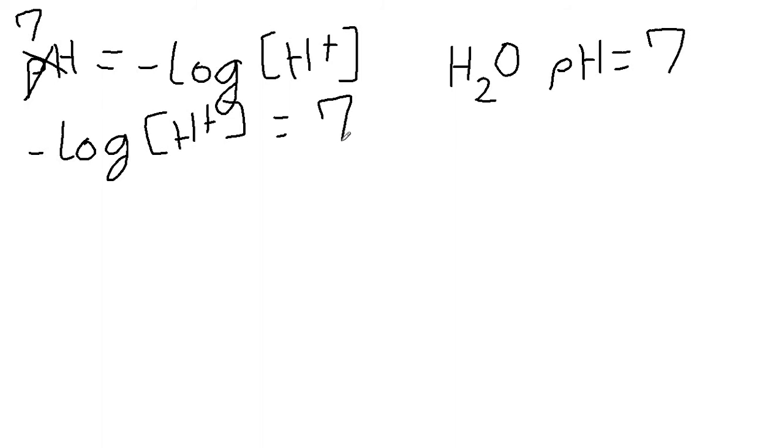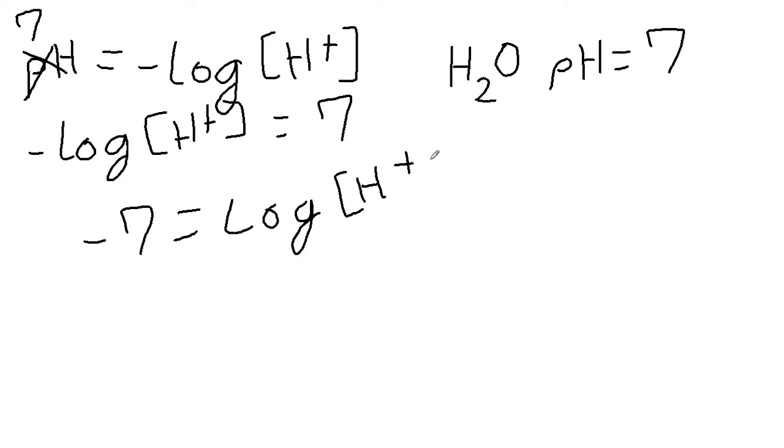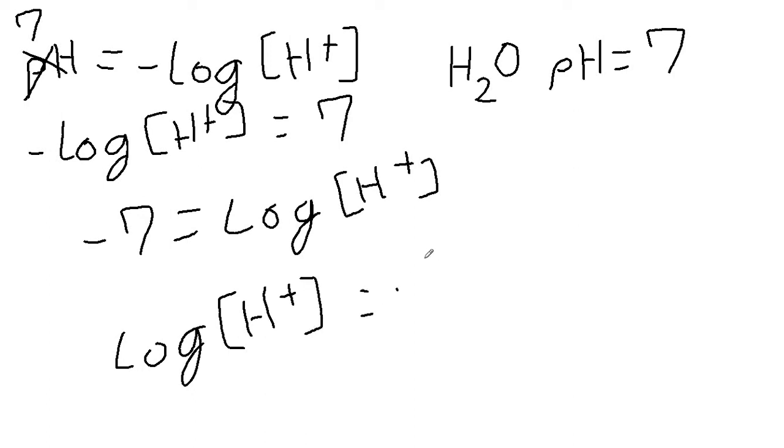Another way of saying that is that negative 7 equals the log of the proton concentration, or the log of the proton concentration equals negative 7.